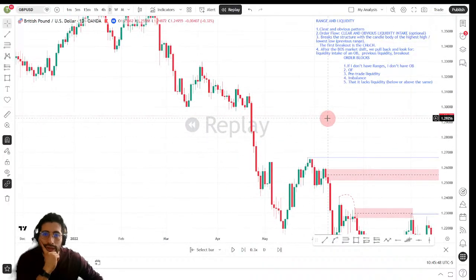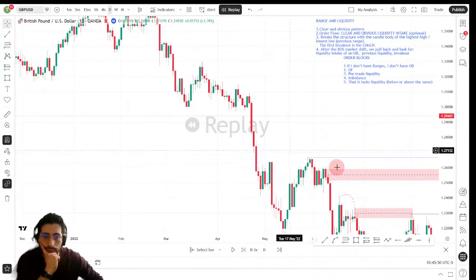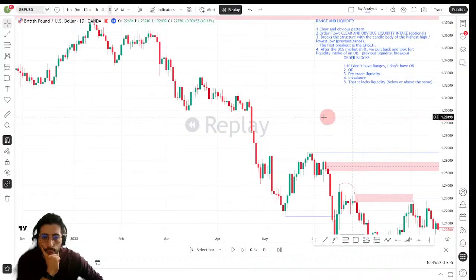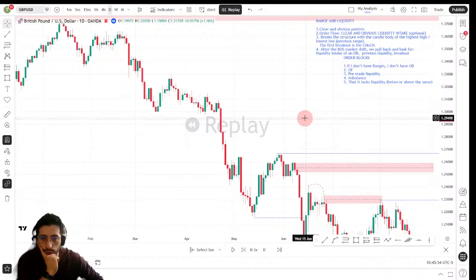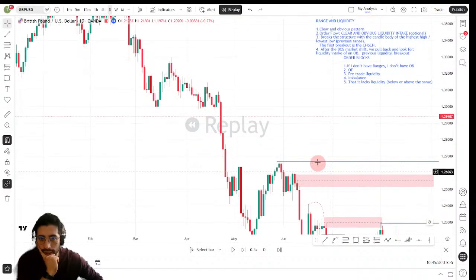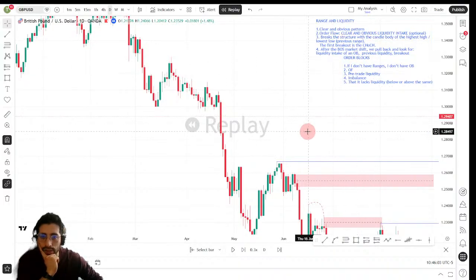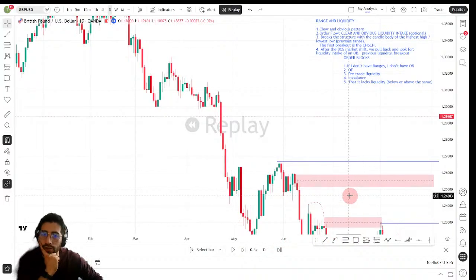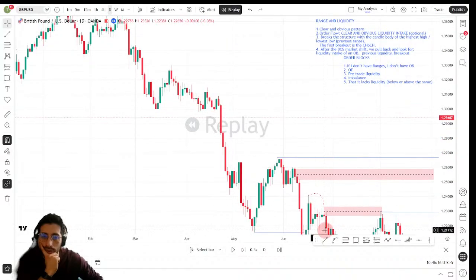Right, now let's try to analyze. Which is the strong high or strong low? No, I'm kidding. The question is, what is a strong high based on these aspects we have seen through the whole class? So I'm going to mark them here for you so you can tell me what they are. I have this one, number one here.